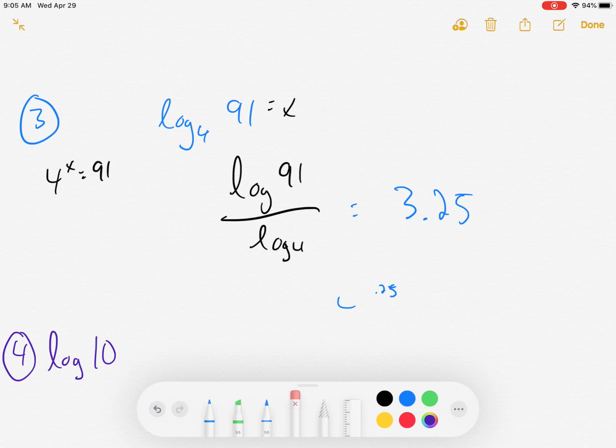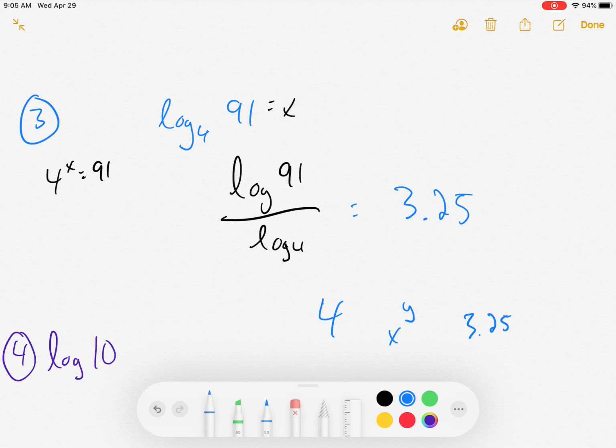3.25. So now, what I was just doing to kind of show you that this works, if you type in 4 on that calculator, and then if you type in the x to the y button, it is in the first column, third one down. You get an exponent.